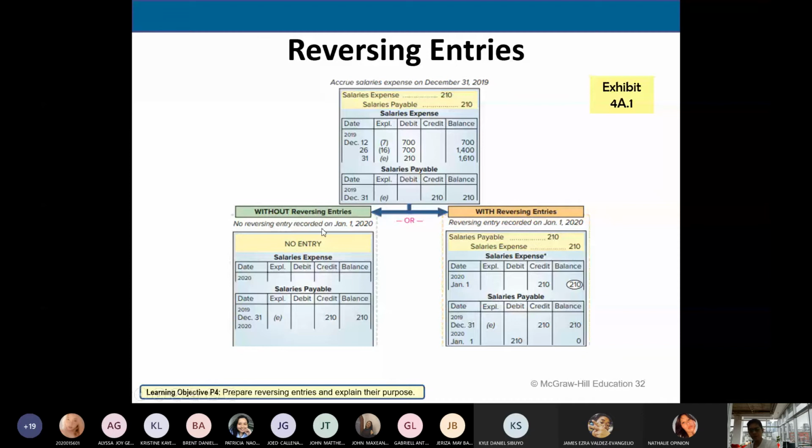Hayaan mo lang, tama? Kaya nga sinabing it's the optional process. But with reversing entries, kung ano yung adjusting entries mo last year, i-reverse mo lang yung entry. So, ang reversing entry mo dito would be debit salaries payable, credit salaries expense. Okay?